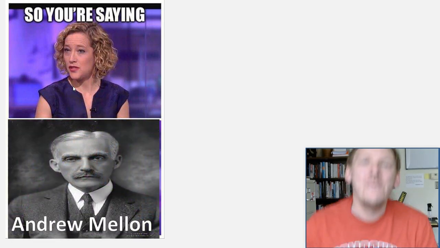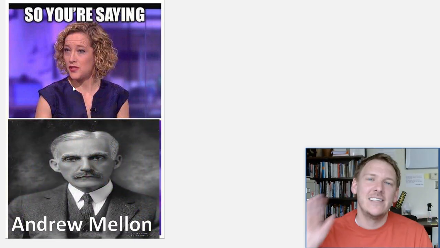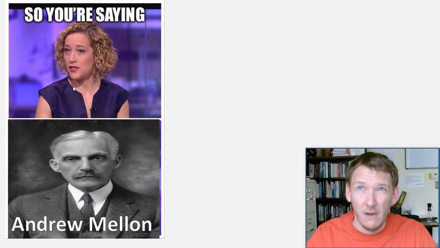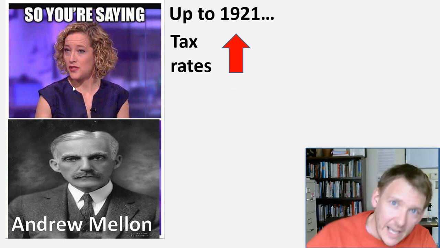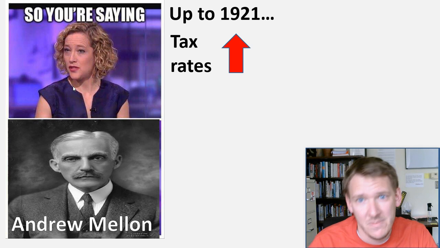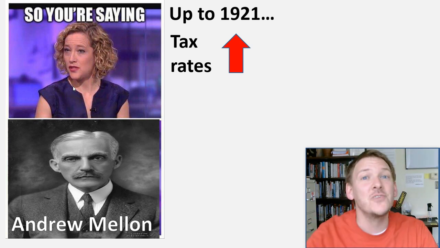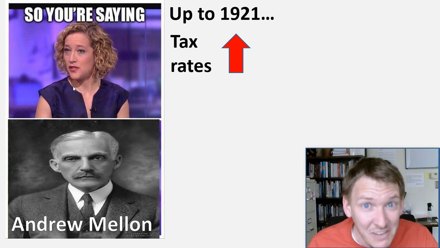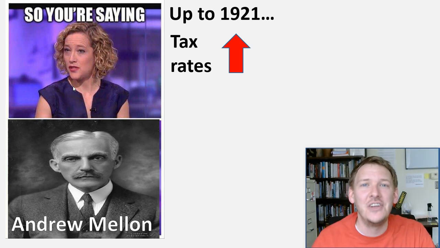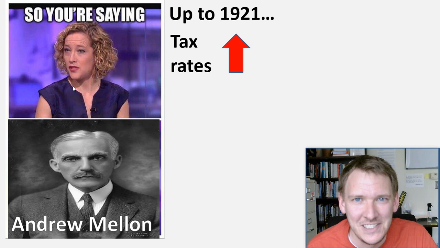No. And so Andrew Mellon will fight against this. He is the Treasury Secretary of Harding, Coolidge, later Hoover, and he lays it down. So here's the deal, folks. Up until 1921, the tax rates have been too high, 74% too high. 74%. Hey, I made $1. No, you didn't. You made 26 cents.